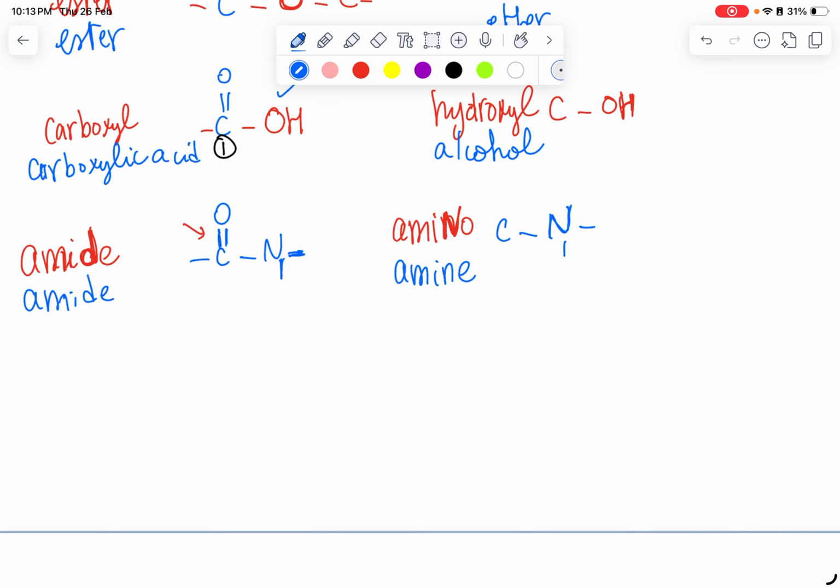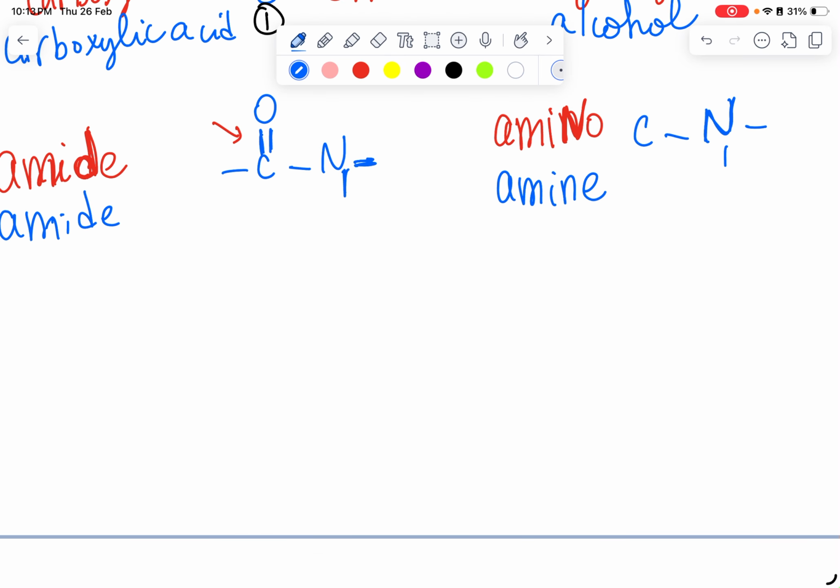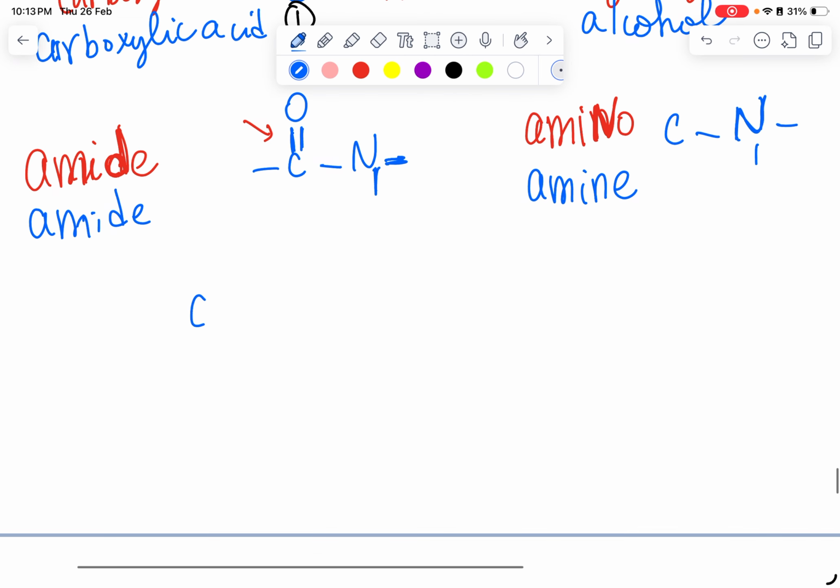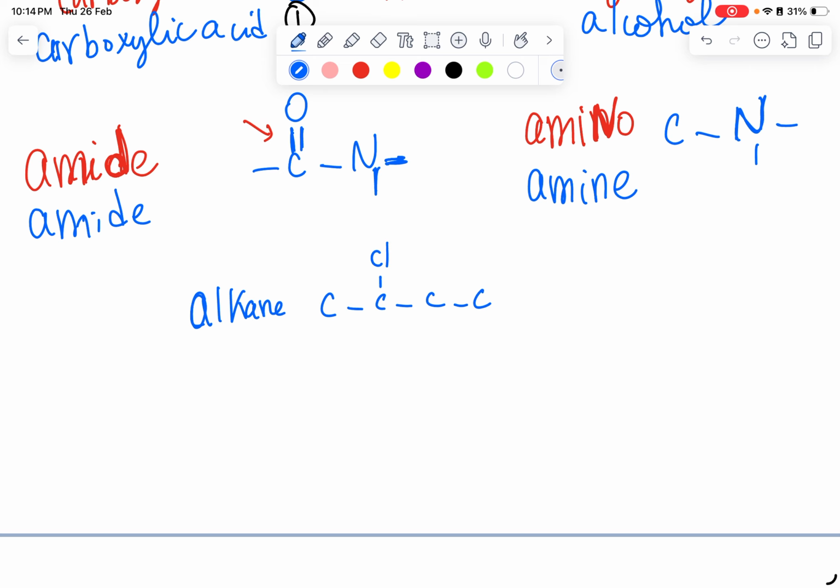Now, we also have some additional functional groups, like when I have an alkane, but somewhere on this alkane, I have a halogen, either Cl or F or Br or I. So these are halogens. So the functional group now is called a halogen.